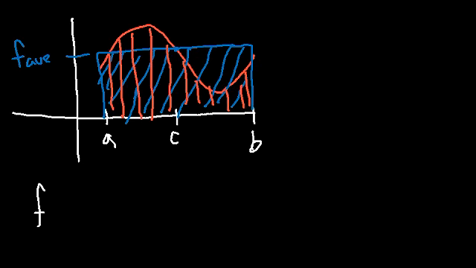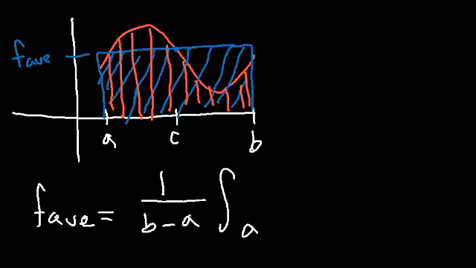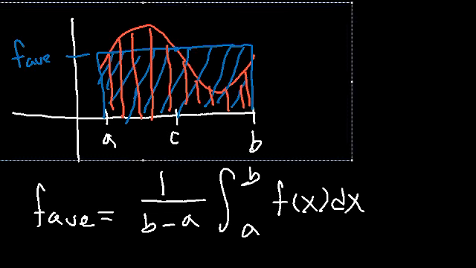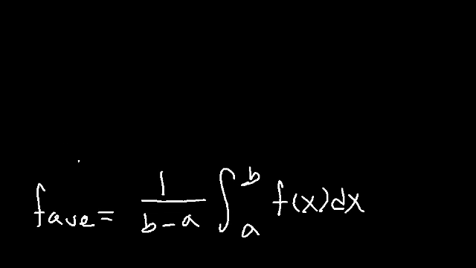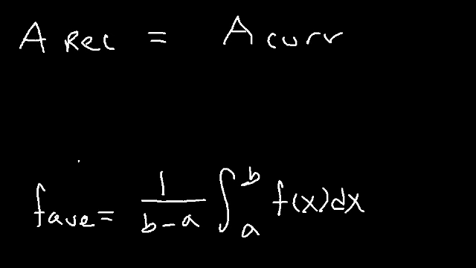To calculate the average y value of a function, it's going to be 1 over b minus a times the antiderivative from a to b, f of x dx. Another way you can see it: if you multiply both sides by b minus a, the area of the rectangle is equal to the area of the curve.